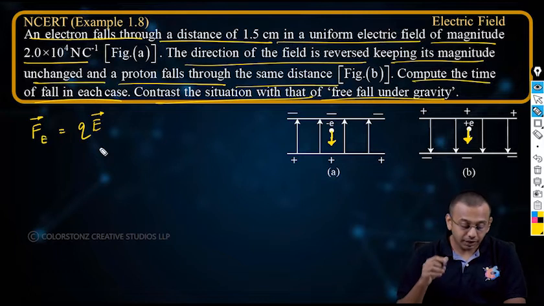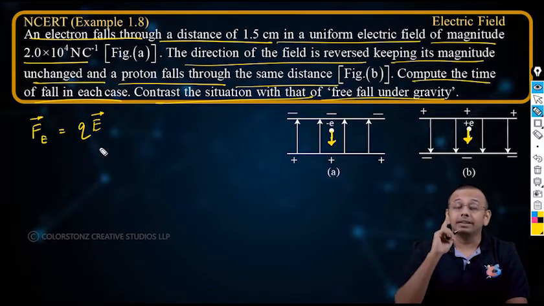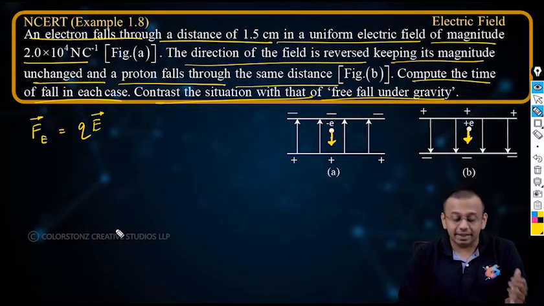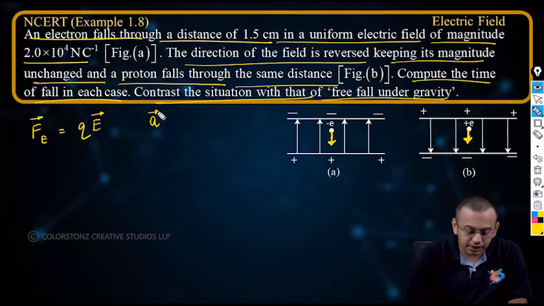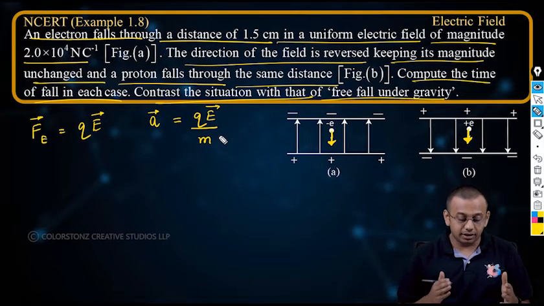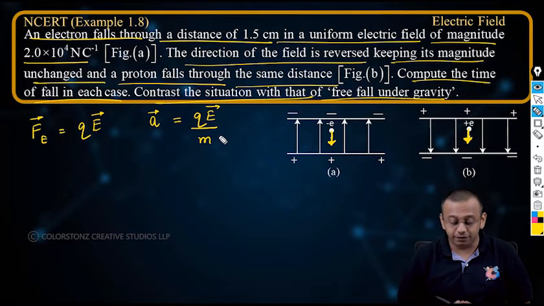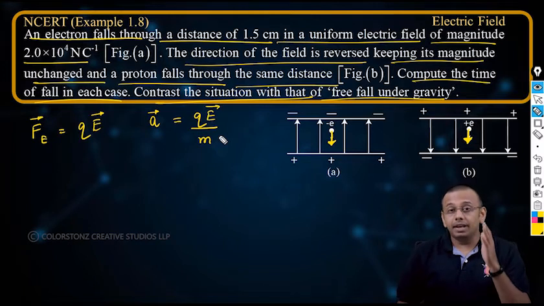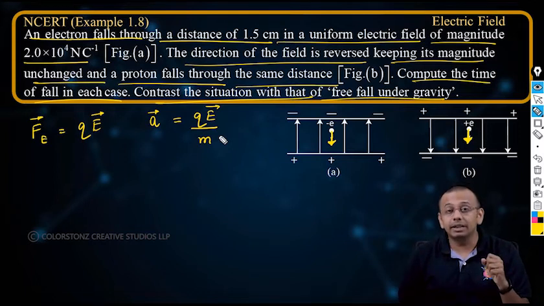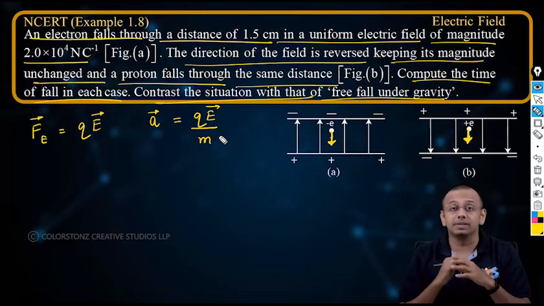Now, if there is a force, then there is going to be an acceleration also. So the acceleration produced in this case will be equal to QE by M, in the direction of the force. In this case, you can see that the force acting on the particle is not dependent on the mass.